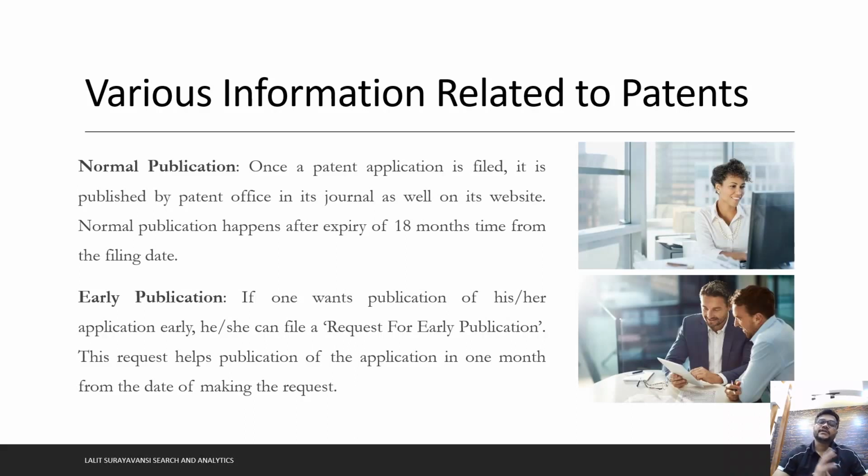So instead of waiting 18 months for publication, you will get your patent application published on the patent office website within 1 month. You have to file an extra form and pay some extra fee, and then your patent application gets published in a month's time or so.